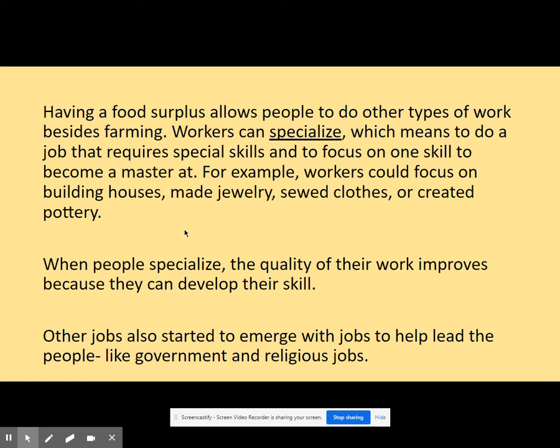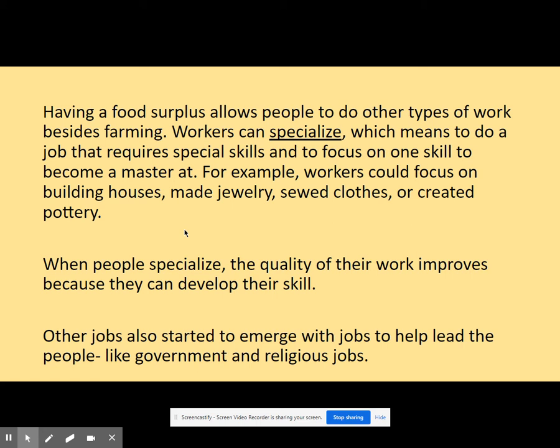So instead of having to do everything yourself in order to have all of the things you need, like food and water and shelter, clothing, and having to create all of those different aspects, people could just focus on one of those things. So, for example, a worker could just focus on building houses or just focus on making jewelry. They did not have to worry about doing all aspects because they could then trade with each other.